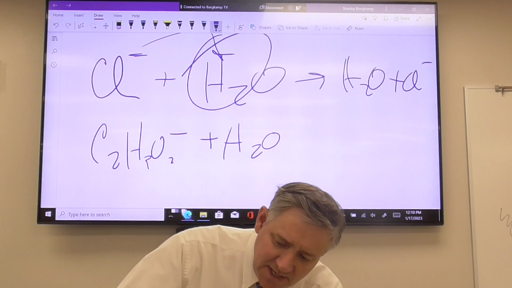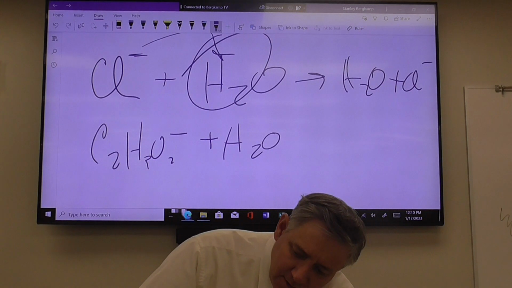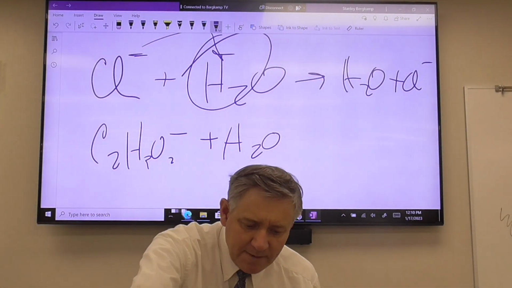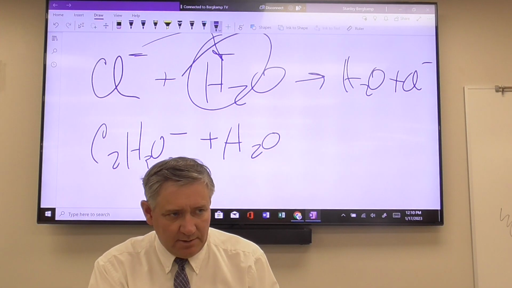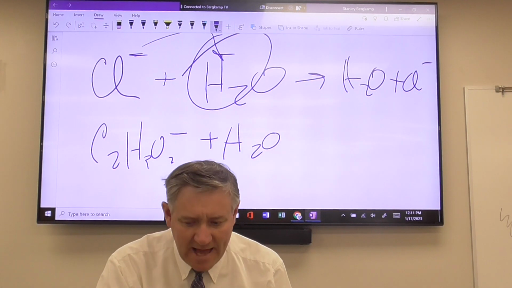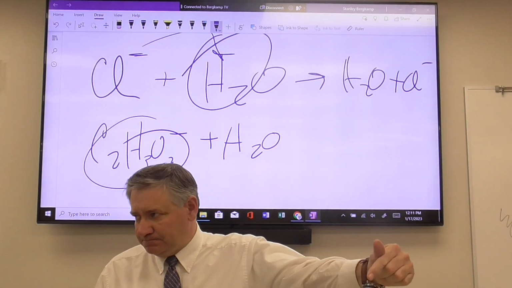But now the pH goes up to about 7.70. So when I put the chloride ion in the water, nothing happened. The pH didn't change. I put the acetate ion in the water, and the pH went up.